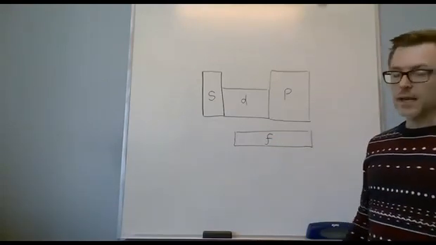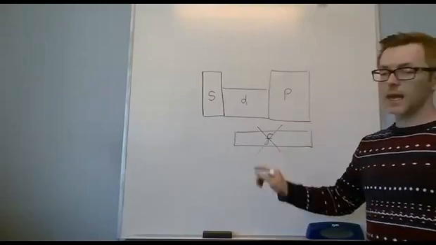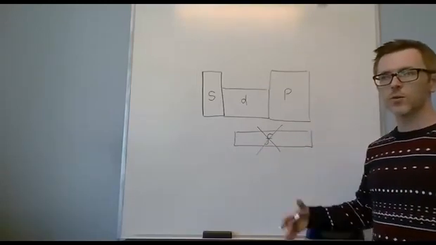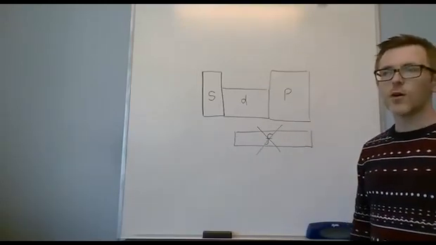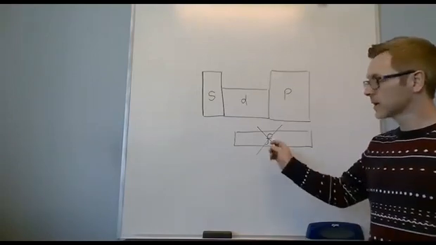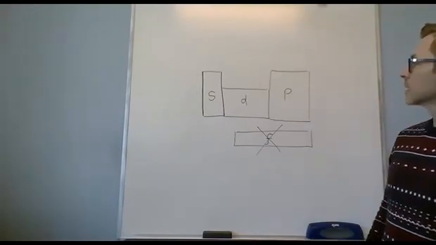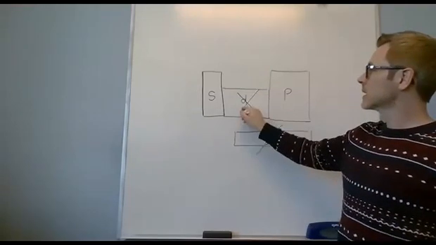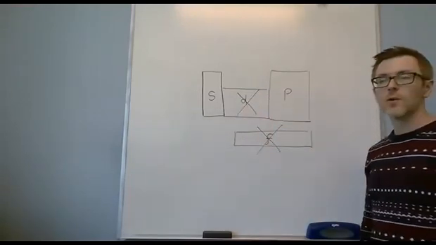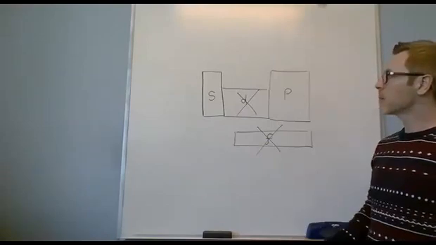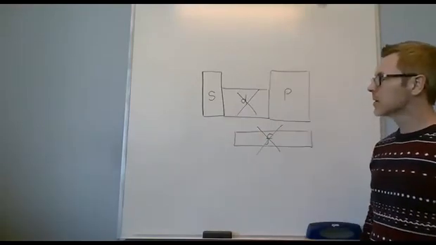We said yesterday that we don't study the F block in Chem 65, so you can ignore the F block. You'll look at that in Chem 101 and 102. And for periodic trends, we can ignore the D block. So you will only be asked about periodic trends for the S and the P block.